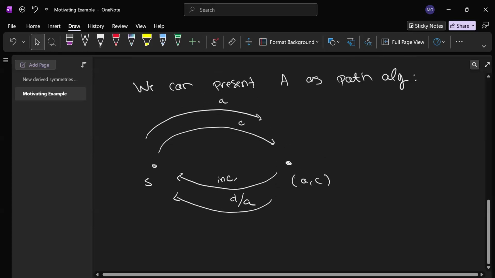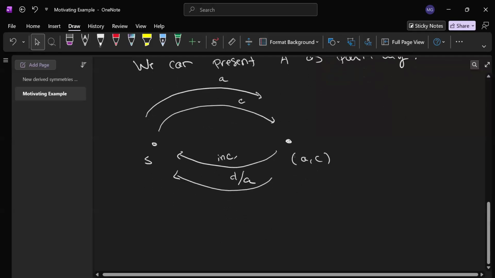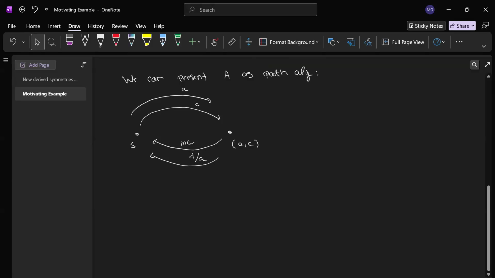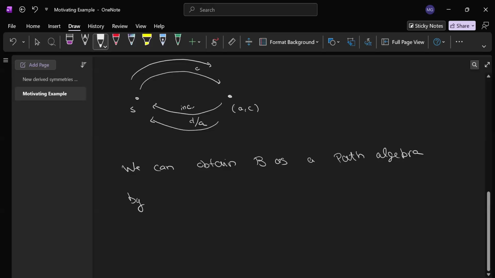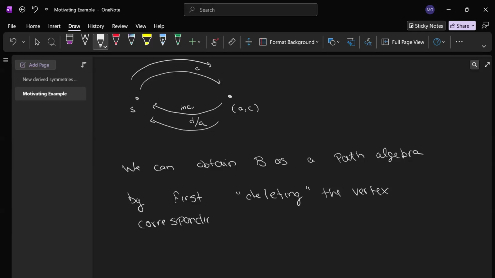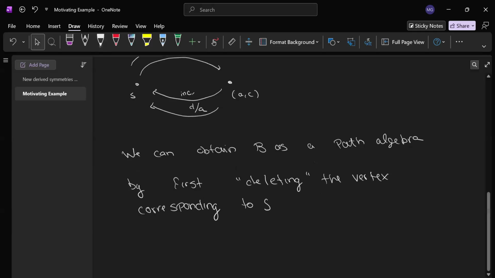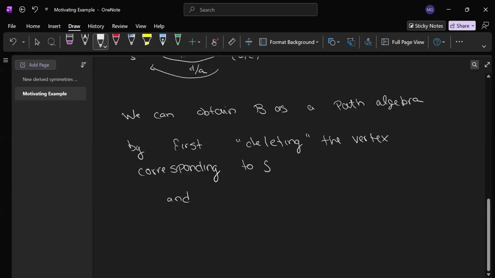So this is our algebra A in this example presented as a quiver, and we can obtain B as a quiver from A by first deleting the vertex corresponding to S, and then deleting all maps that factor through this vertex.